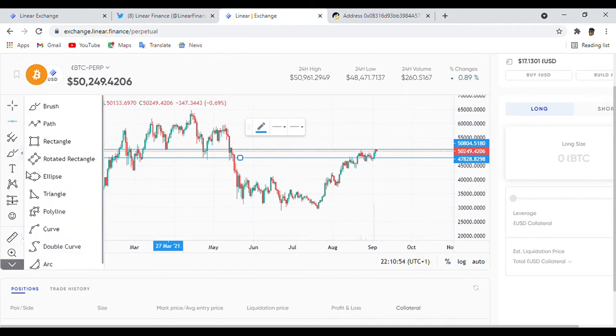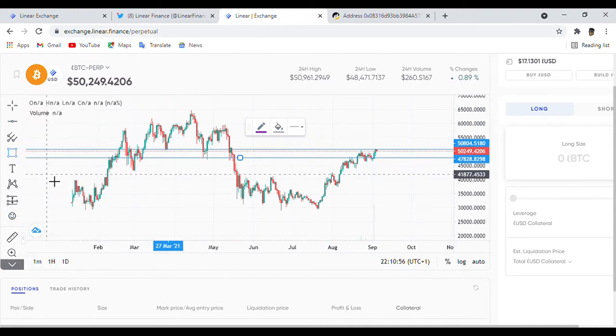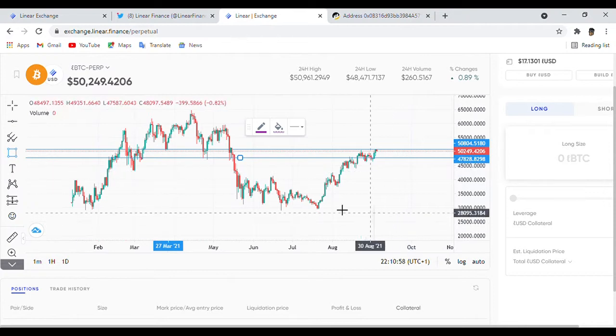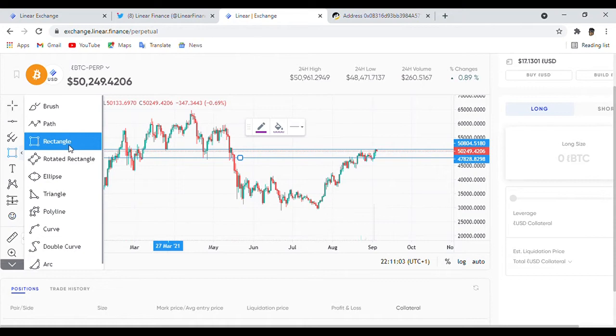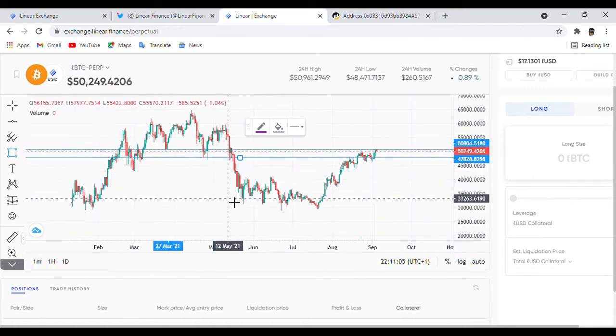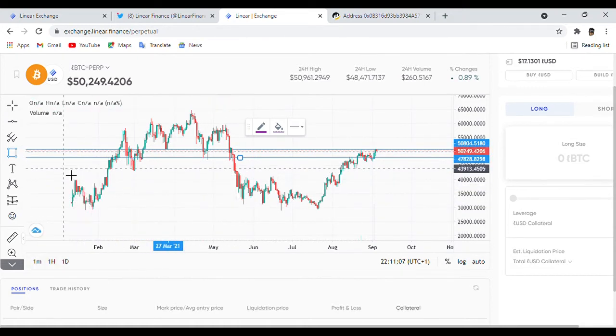It's not very clear, so we just get a rectangle and pick the zone.